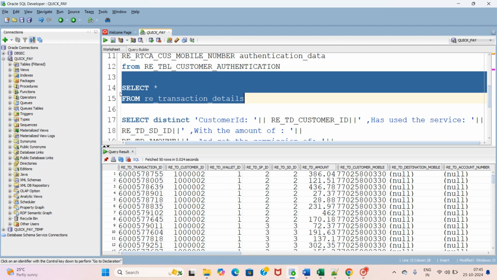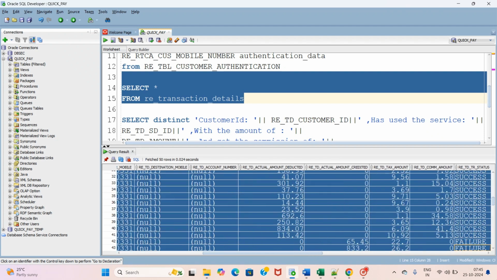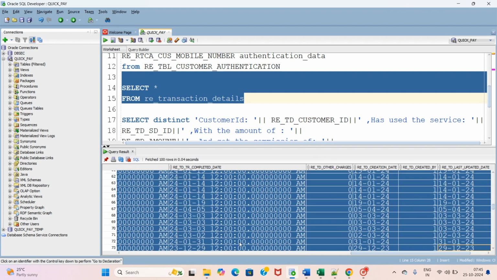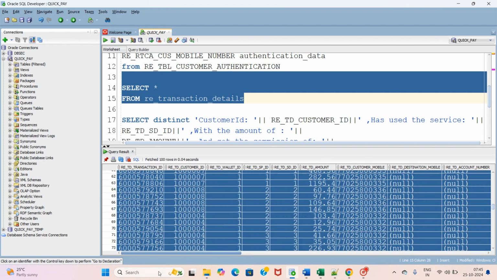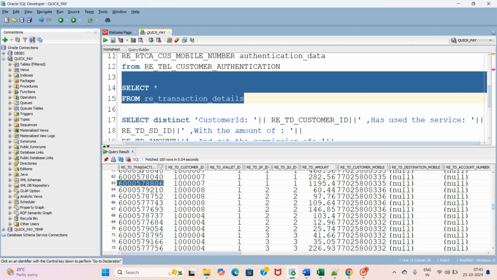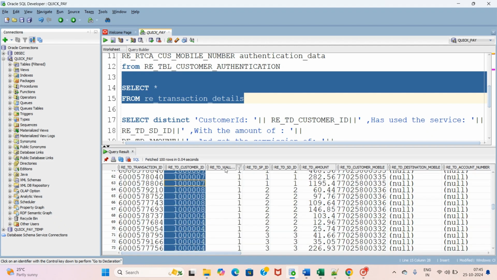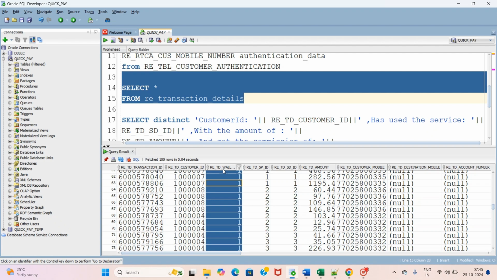Select list selection is used for selecting the table columns, not the data. But where condition selection is used for selecting the row level data, means this kind of data. So the select list is this kind of data, column level selection, but the where condition is a row level selection.